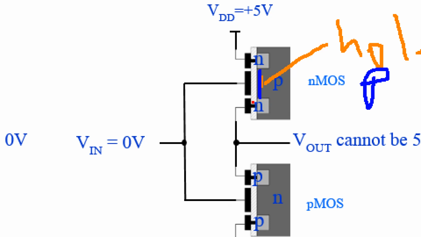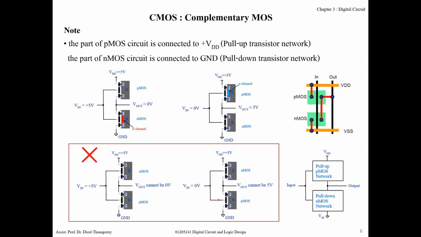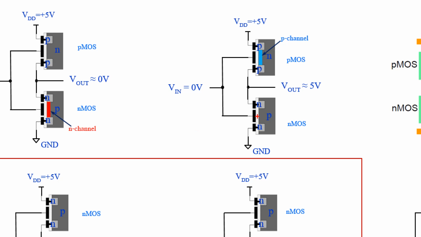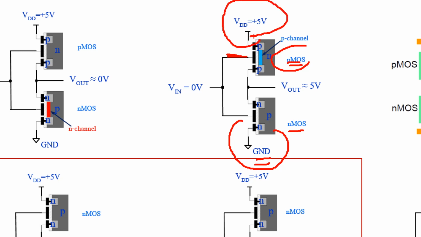Again, this junction or this junction, between N and P or P and N, one of these must be biased reversely. So this transistor cannot conduct current, so you cannot use it. By the conclusion, you must use CMOS with this configuration: NMOS at the lower part of the circuit that connects to ground, and PMOS, or active low element, connected to VDD or positive voltage.